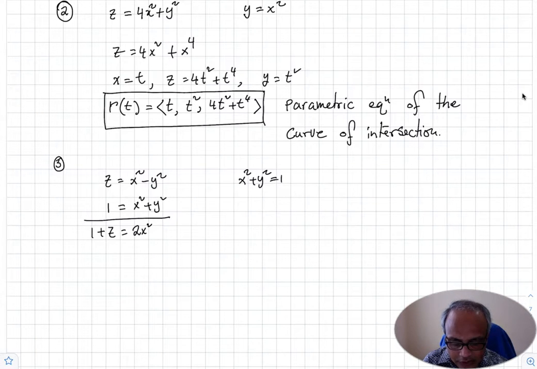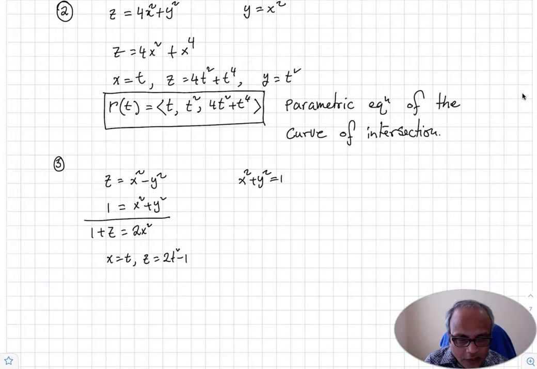And 1 plus z equals 2x square. Yes, you can start with x equals t. Then you will have, say, z equals 2t square minus 1. Well, then you can go back to the other equation and you can find x square plus y square equals 1.